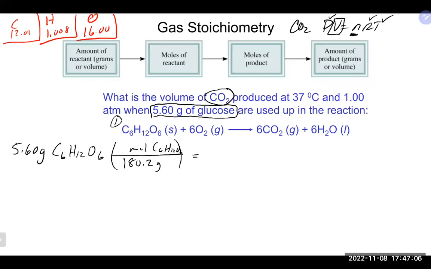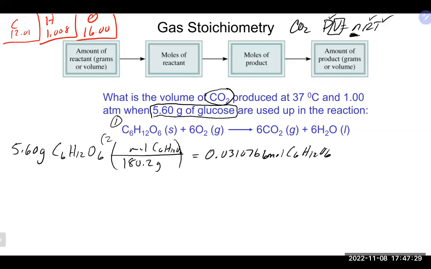If you got a number at this point, 180.2 gets us something like 0.0310766 moles of C6H12O6. Now we do want to get to moles of CO2, so we can use the ideal gas law.